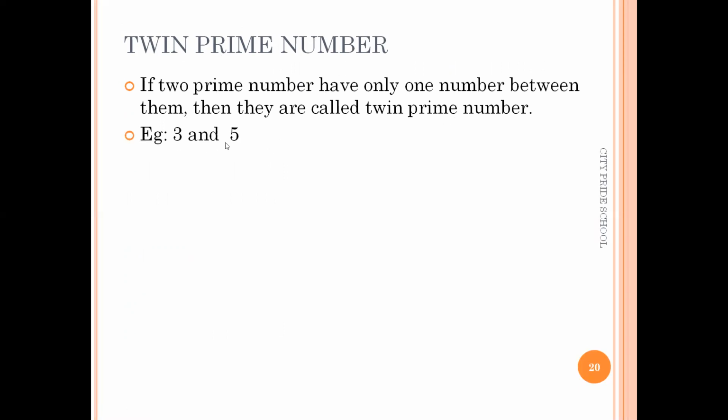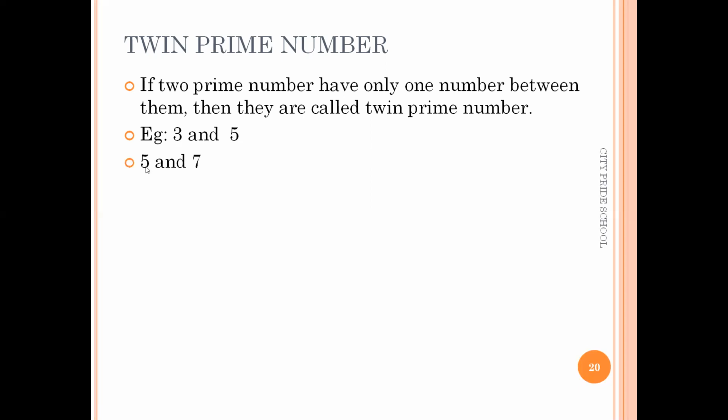Example 3 and 5. 3 is a prime number and 5 is also a prime number. And only one number is there in between them, 4. In between 3 and 5, it is 4. So if two prime numbers have only one number in between them, then they are called twin prime numbers.